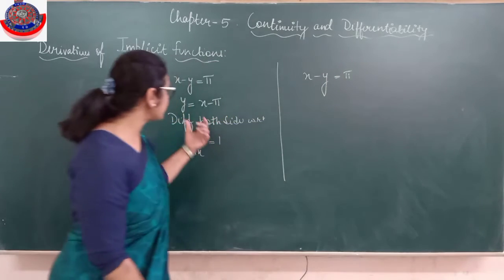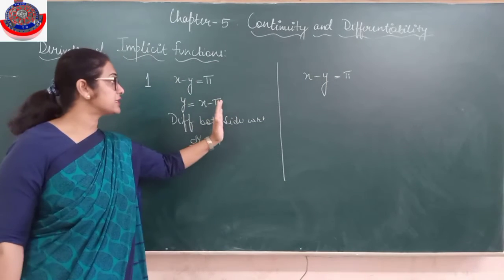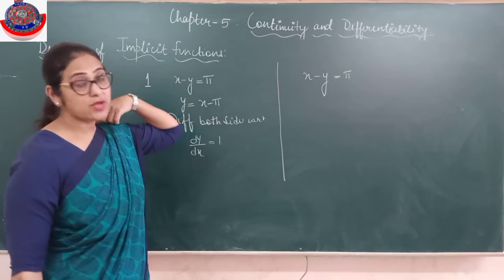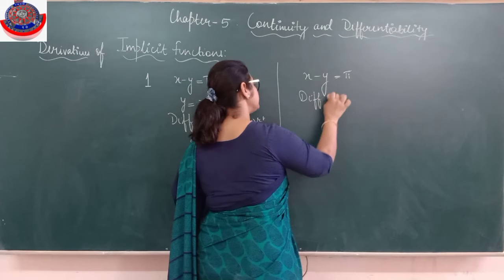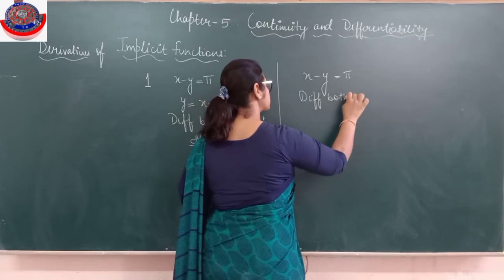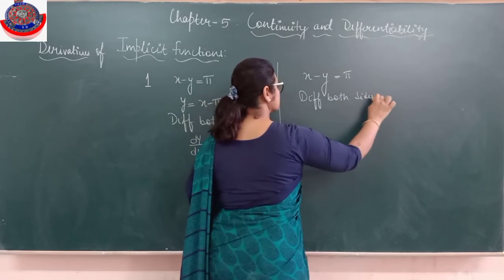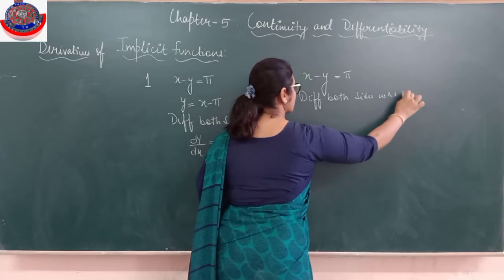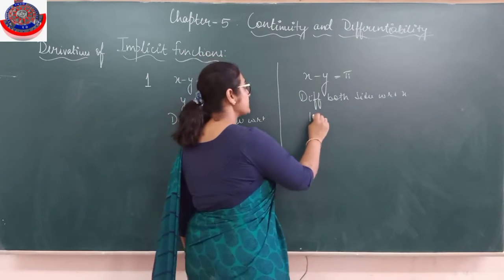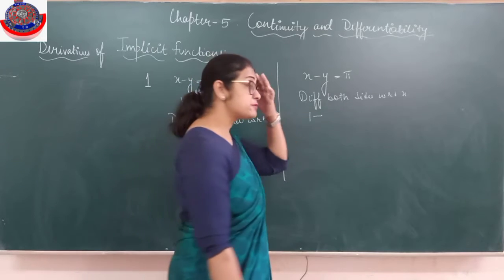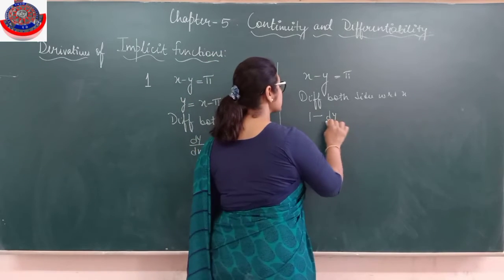Here what I have done, I have segregated y on one side, x on one side. Here, keeping x and y together, I will differentiate. So differentiate both sides with respect to x. Differentiation of x with respect to x will be 1. Differentiation of y with respect to x will be dy upon dx.